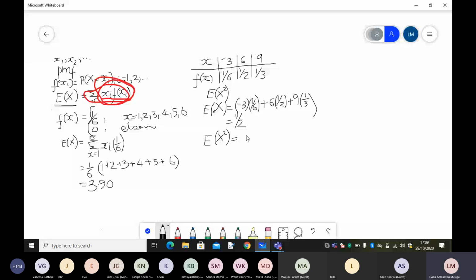That will give us 9 multiplied by 1/6, plus 6 squared, which is 36 multiplied by 1/2, and then 9 squared is 81 multiplied by 1/3.